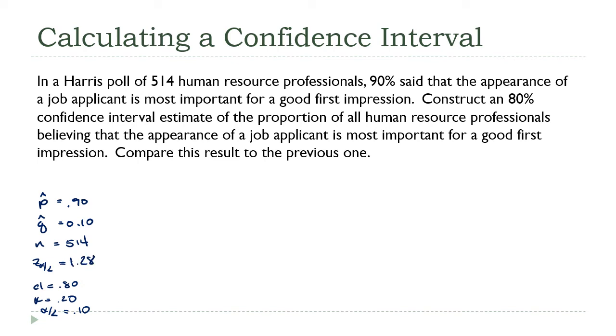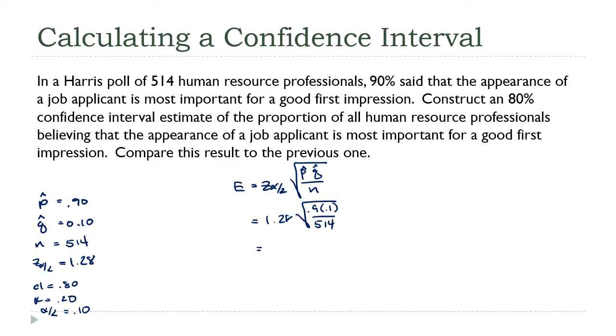So now we go to the formula. E is z alpha over 2 times the square root of p hat q hat over n. This is 1.28 times the square root of 0.9 times 0.1 over 514.